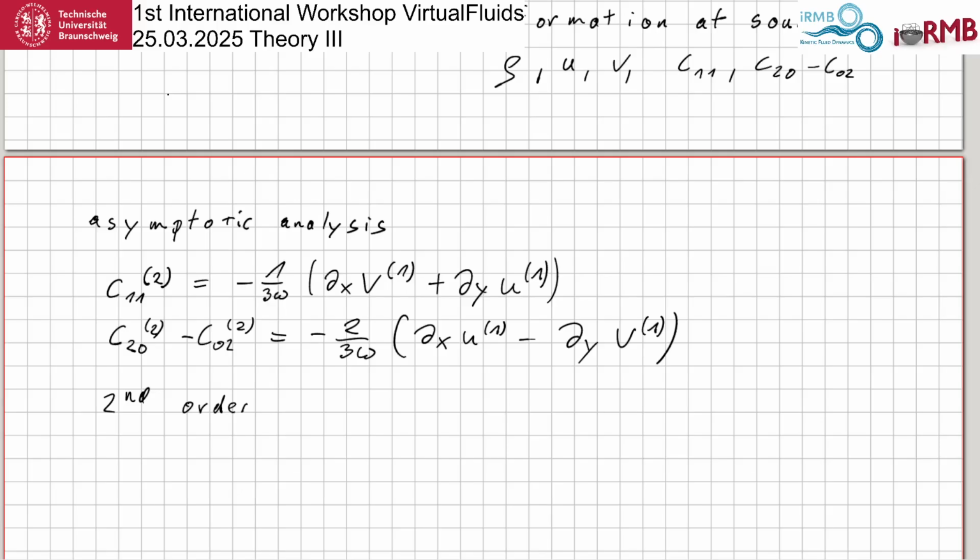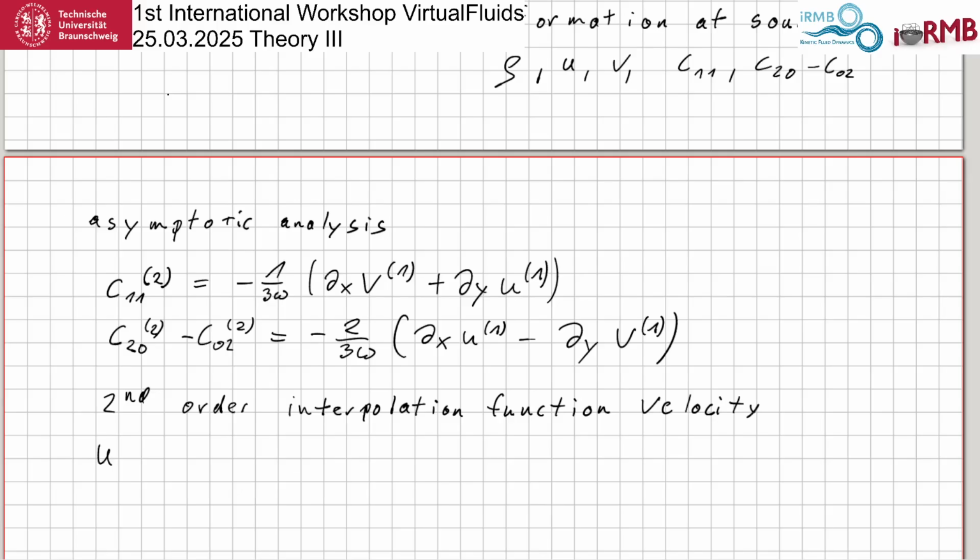So we want to have a second order interpolation function in velocity. So we make an ansatz.